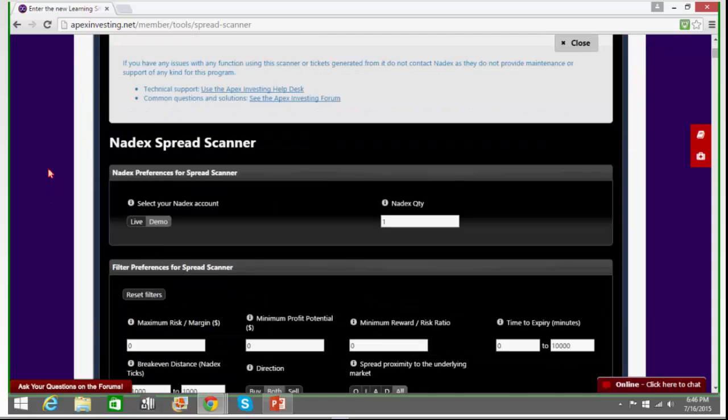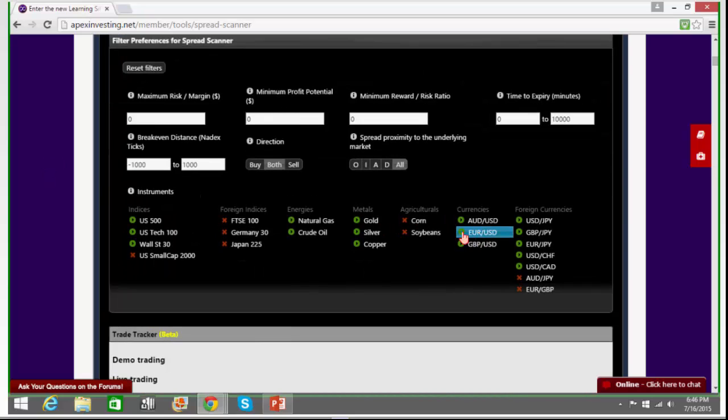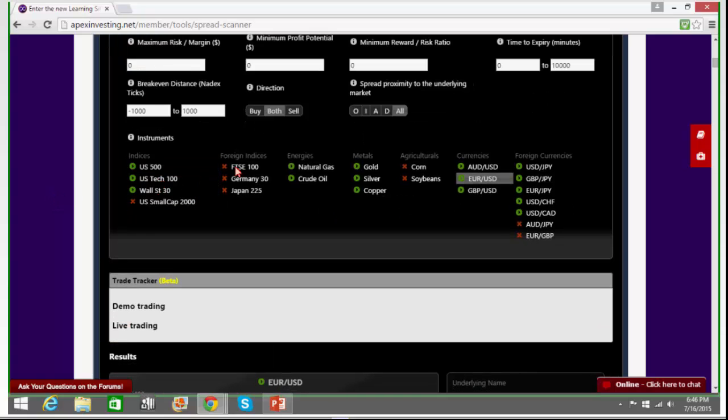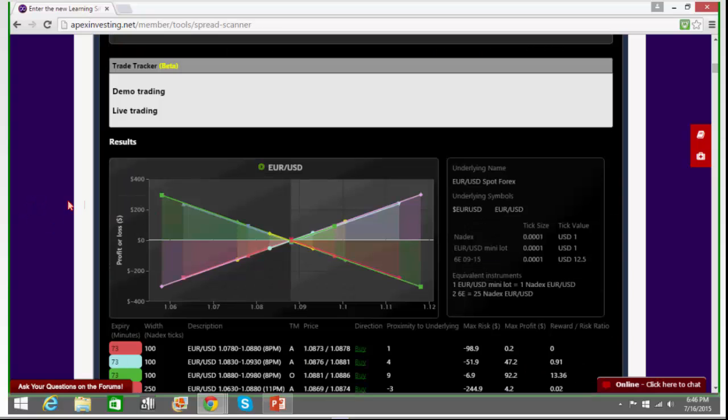Let's just, for example, I've already got euro dollar selected. On our spread scanner, any of the instruments you select, all you have to do is pull it up and it tells you right here Nadex ticks like this, euro mini lot ticks like this, 6E future ticks like this, and it shows you very quickly how to figure out how many spreads you need to equalize what you're trading.